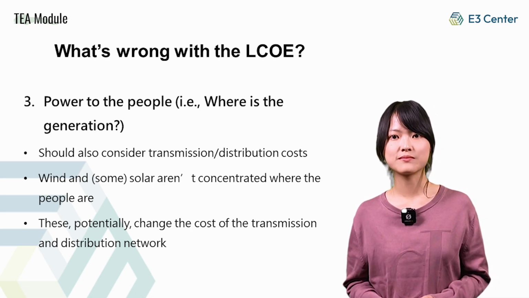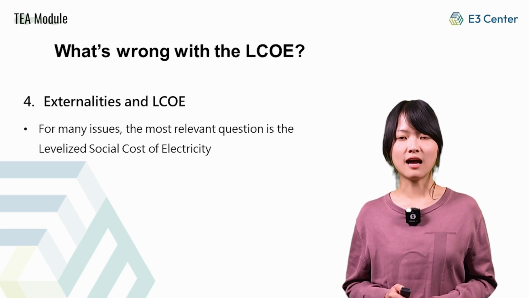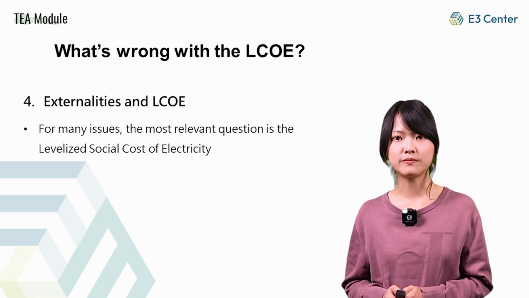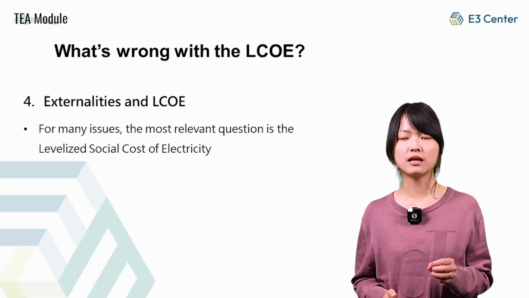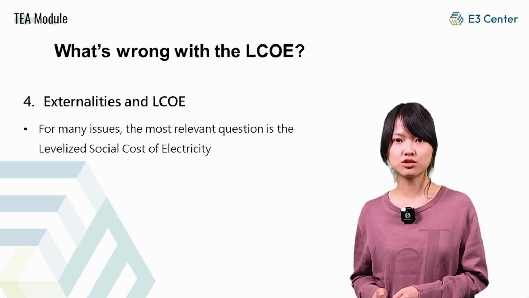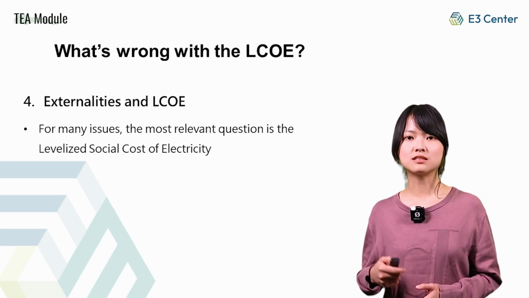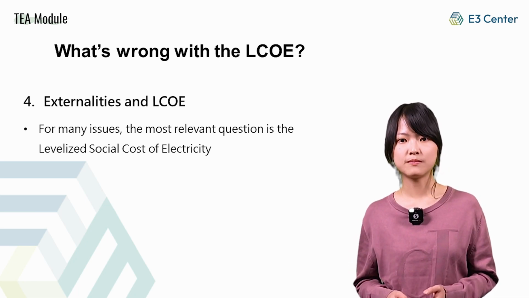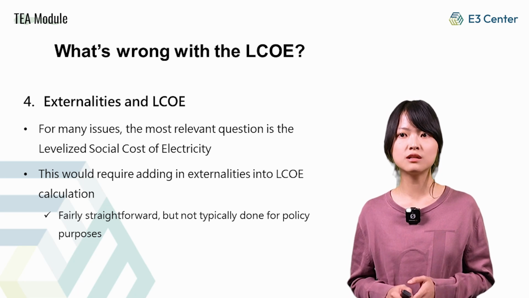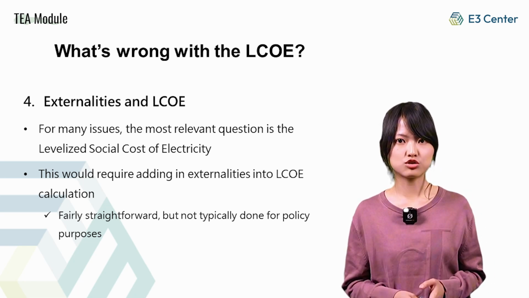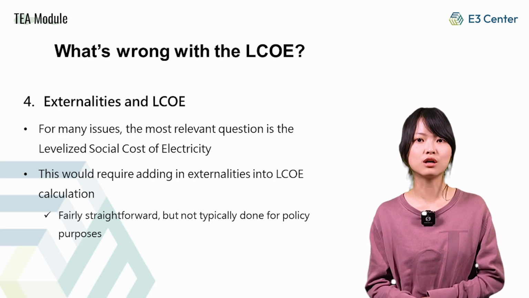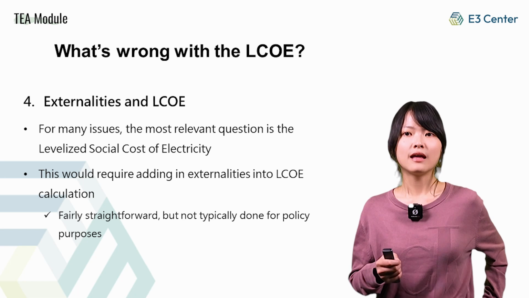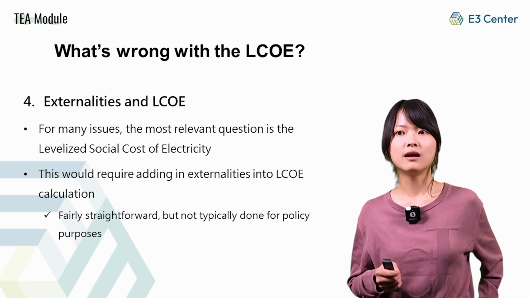The fourth challenge is the externalities not being accounted for in the basic LCOE calculation. LCOE generally excludes the external costs and benefits associated with electricity production, such as environmental impacts, public health effects, and other social costs or benefits. For a more holistic assessment of energy cost, some experts suggest using the levelized social cost of electricity, or LSCOE, which incorporates externalities into the LCOE framework.